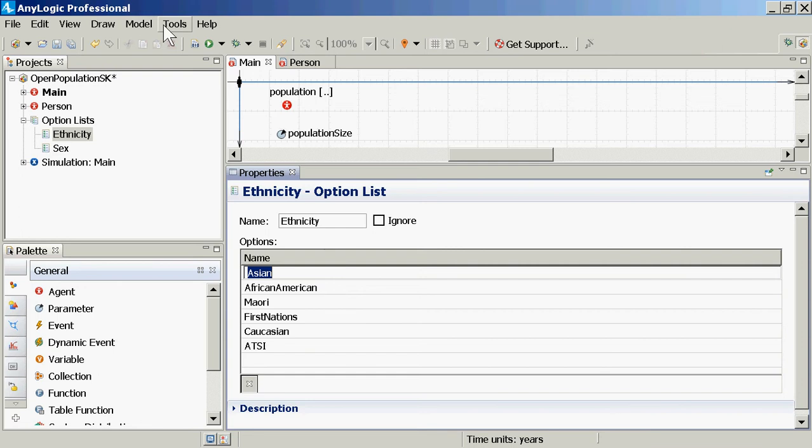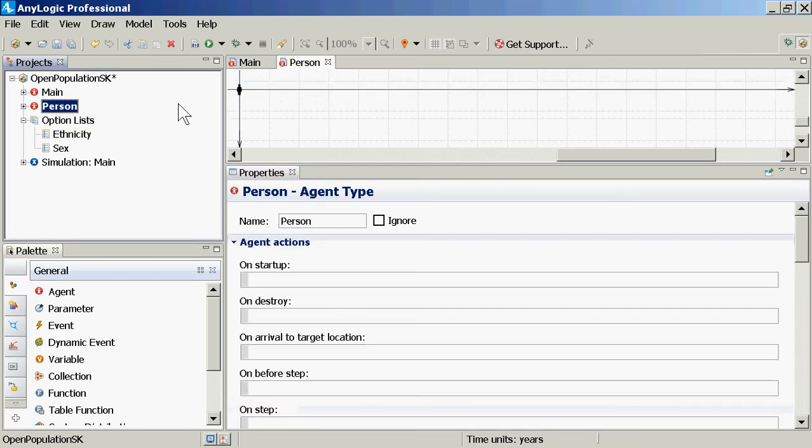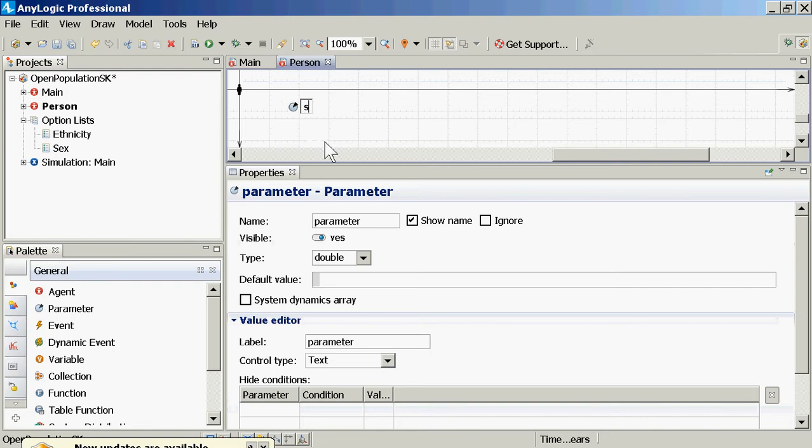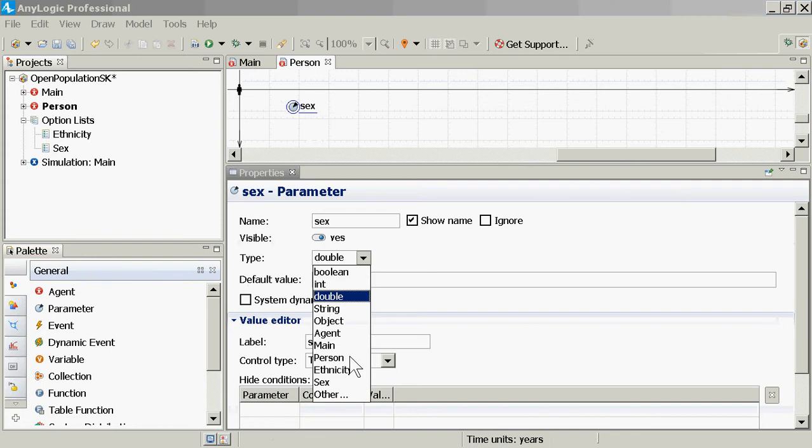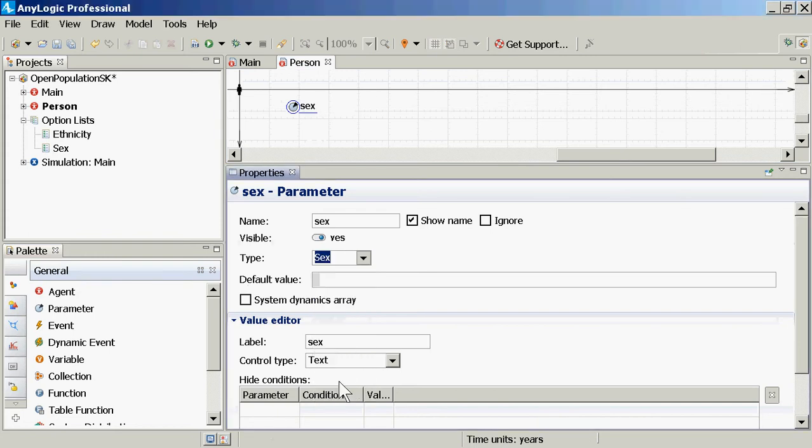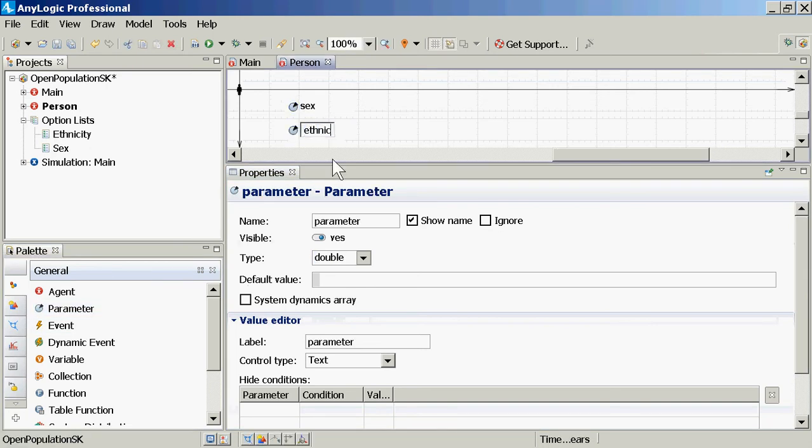If we want to lend them a sex and an ethnicity, add parameters. We're going to call it sex, lowercase sex. And what sort of type will it be? Capital Sex. Okay, we want to add an ethnicity. And what type will it have?